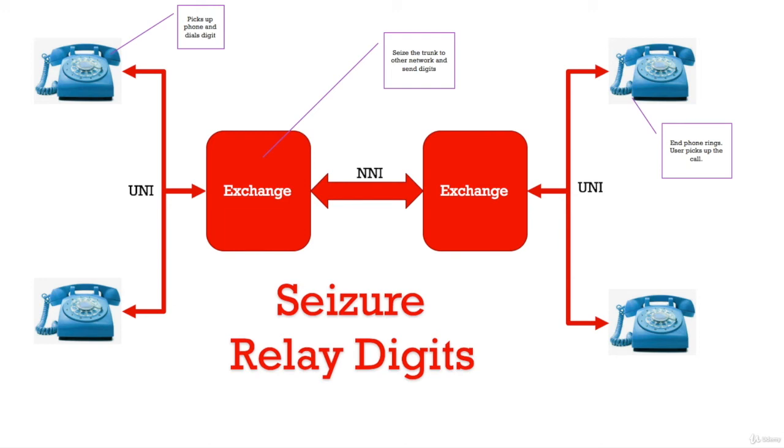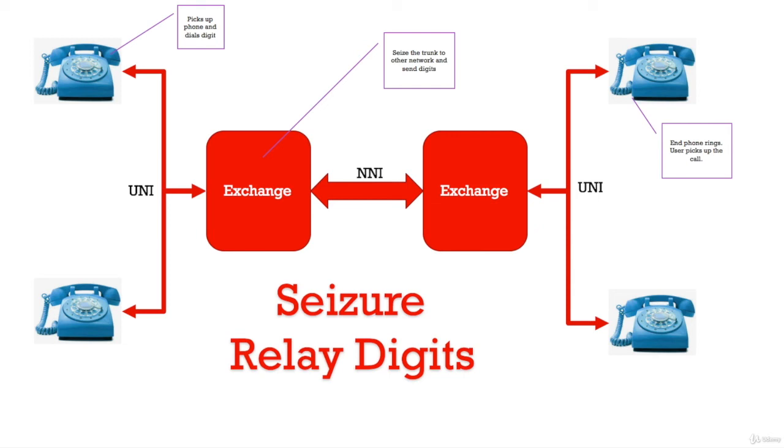Now, the SS7 protocol falls in the category of NNI. It is a protocol between one network entity and another network entity. It is not a protocol between the user equipment and the network.